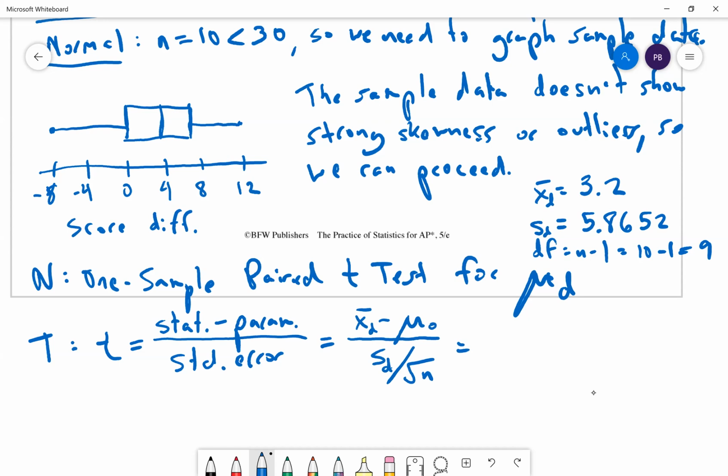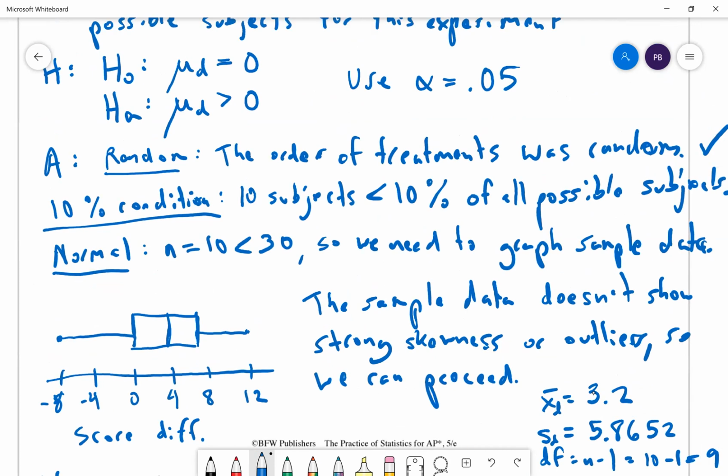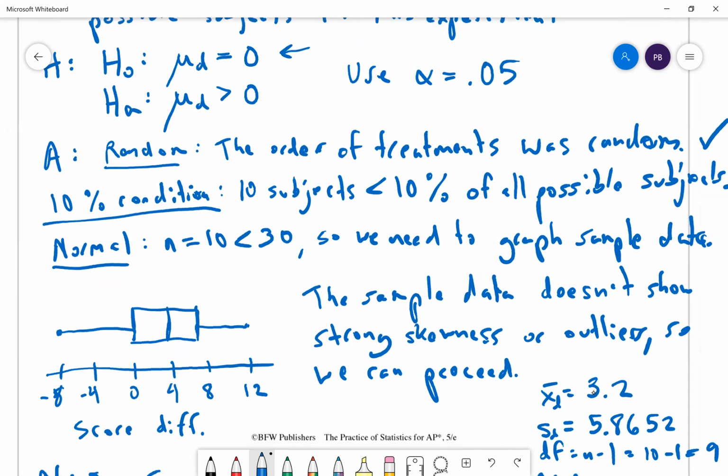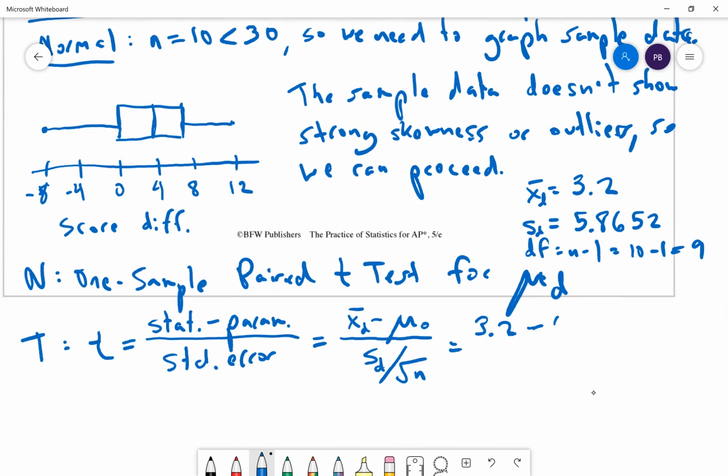So let's plug in those numbers. Our mean of the differences, that's 3.2, and then minus our null value. We can look back at our null hypothesis. That's assuming that the difference is 0. So we're going to plug in 0 here. And we have 5.8652 over the square root of n, which was 10.